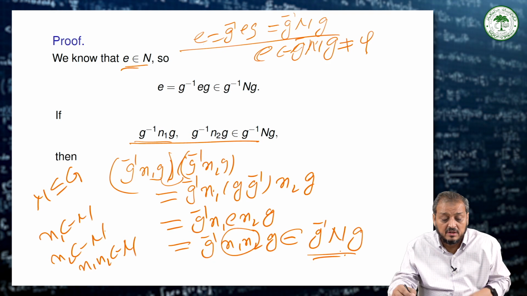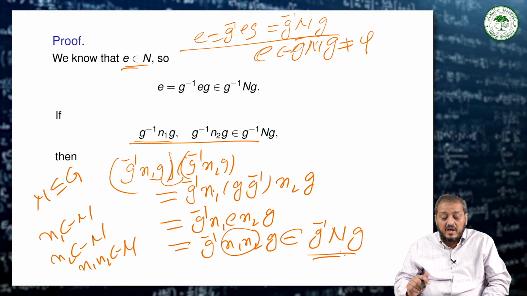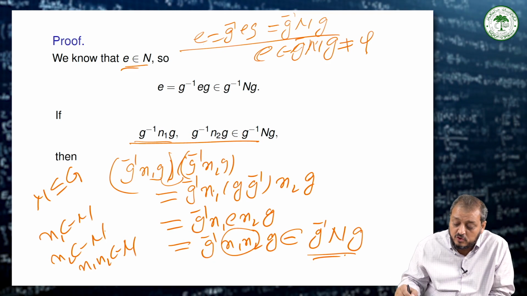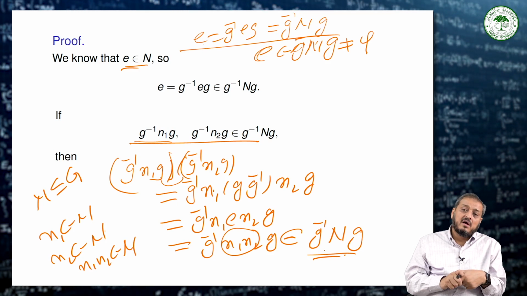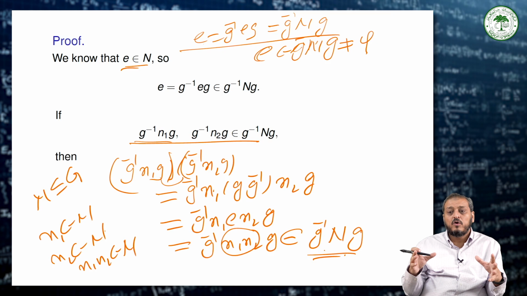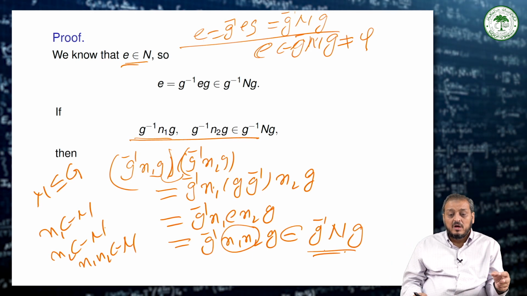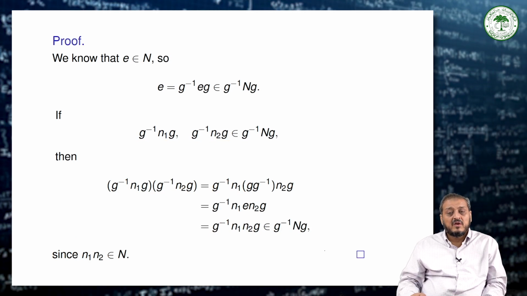That means this is closed under the operation we have. So one of the conditions we have to show is that the identity belongs to this set, meaning this set is non-empty, and it is also closed, since n1 n2 is in N.